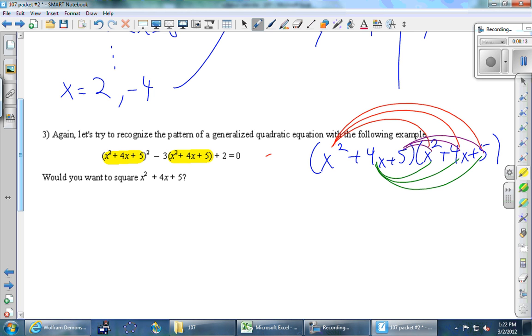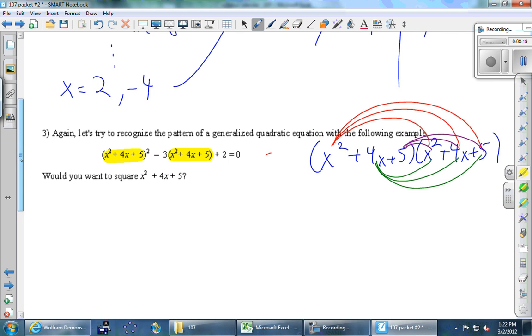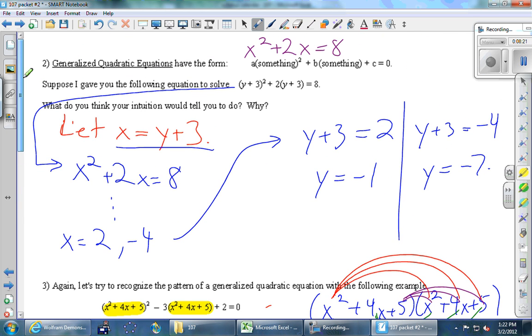It is no coincidence that it's a copy of the same thing. And that's the only reason we're going to be able to solve this problem. And so we'll make our substitution just like Sarah had suggested. But I just want to highlight, this is what we're looking for here, this kind of pattern: a number times something squared. I don't care what the something is, but the important thing is that it's the same something in the next parentheses. And if you have that, that's what we're calling a generalized quadratic, where this kind of substitution will work.